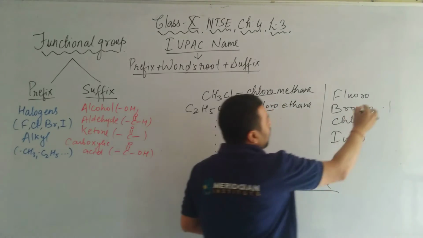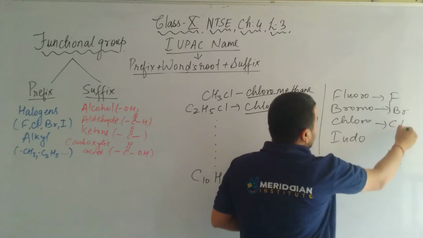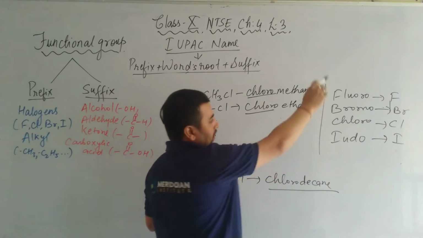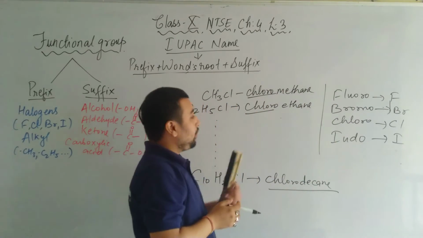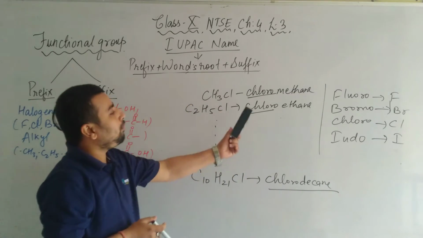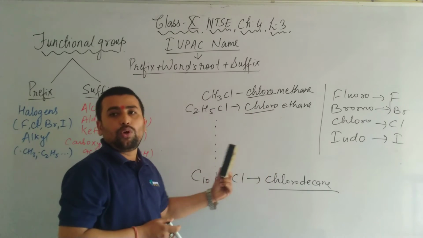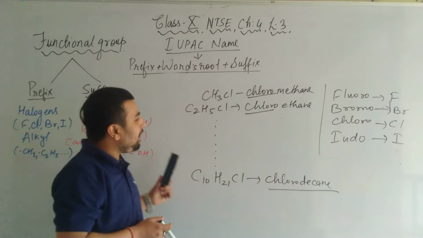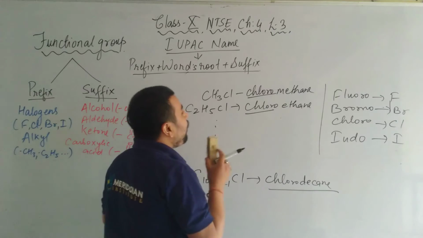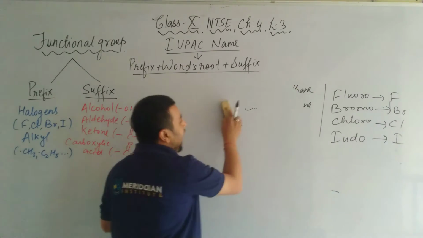So the symbols are fluoro F, bromo Br, chloro Cl, and iodo I. At the end of the alkyl group, if this prefix has been added, then you have to write the name similarly to how we took the first one: chloromethane, just like fluoromethane, fluoroethane, fluoropropane, fluorobutane, fluoropentane. Similarly, you have to go through it.